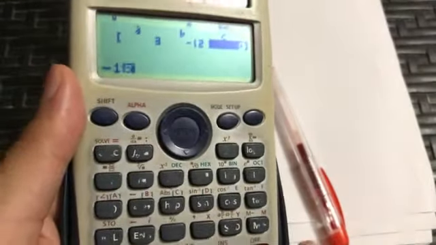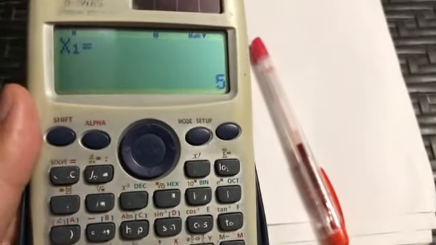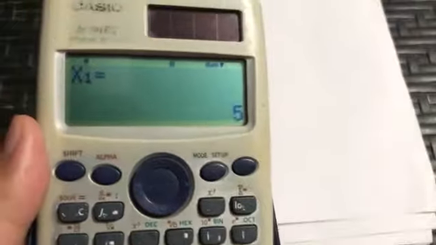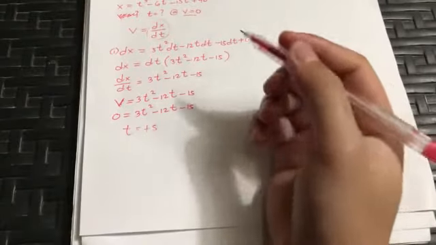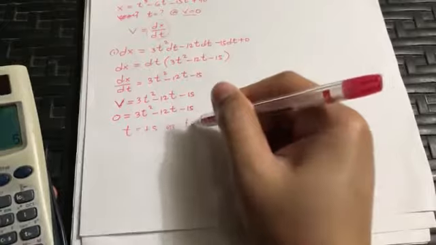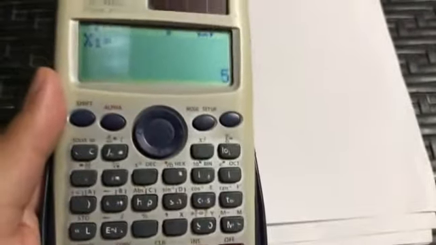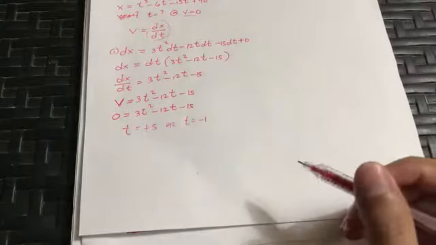Okay. Equals. Then we click equals again. We have the first value is positive 5, and the other value is negative 1. So we have now two values for t.